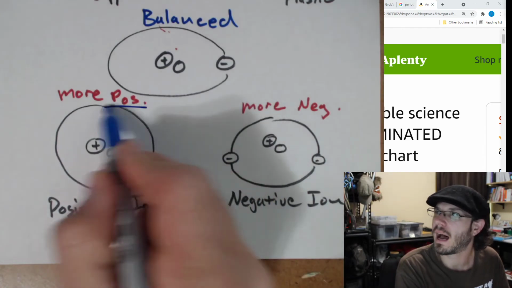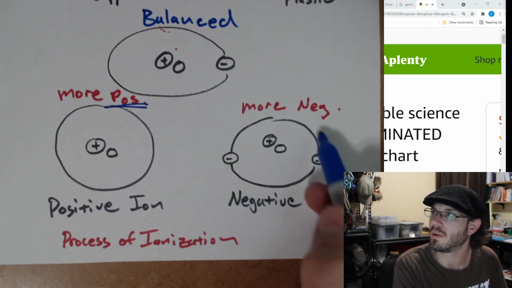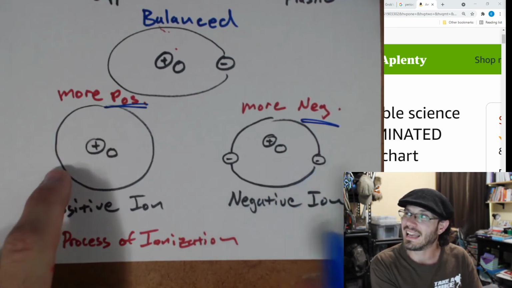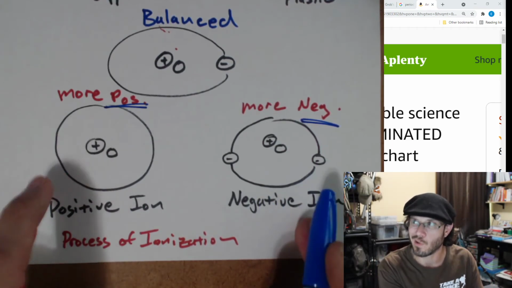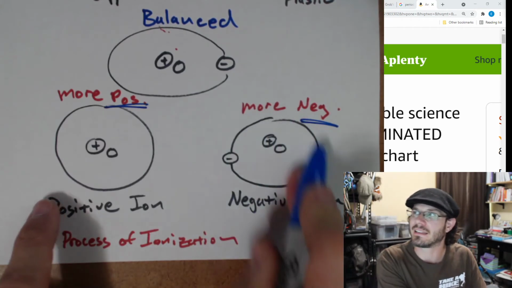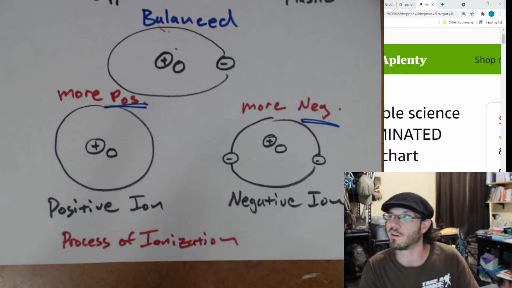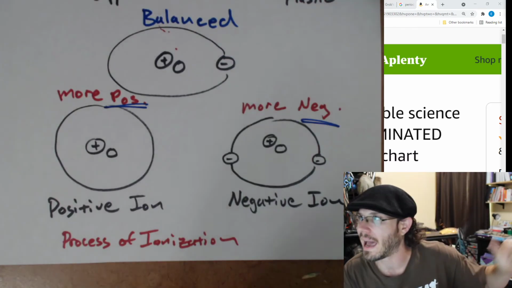Then we get positive if we remove an electron, and we get negative if we add an electron, okay? And keep in mind, these electrons that we are giving and taking can only occur in that valence outermost shell. These are valence electrons that we are willy-nilly taking away or adding.